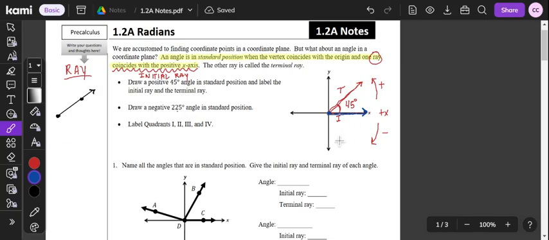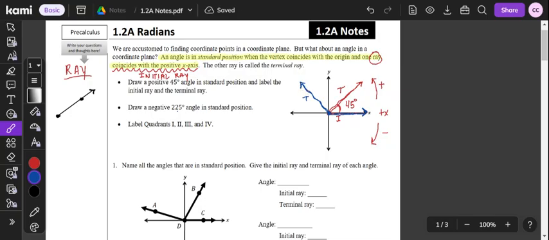So if I go here, that's 90. Here is 180. And then 225, that is 45 degrees more than 180. So I need to continue 45 degrees into this space here. So my terminal ray is going to be over here. So this one's my terminal.